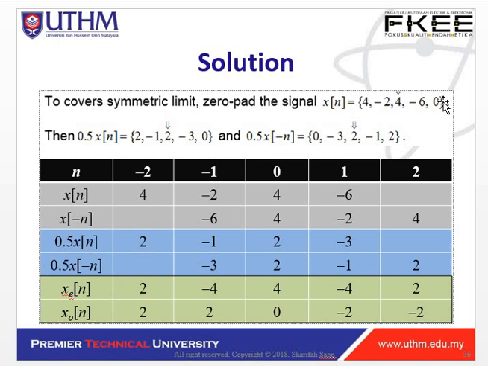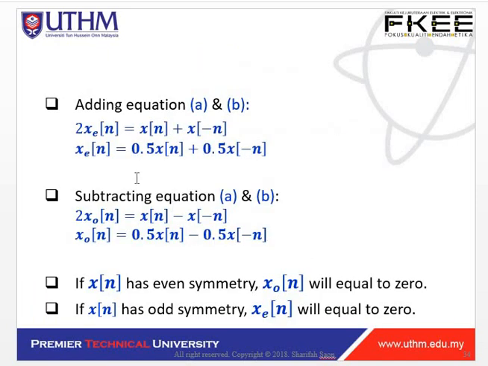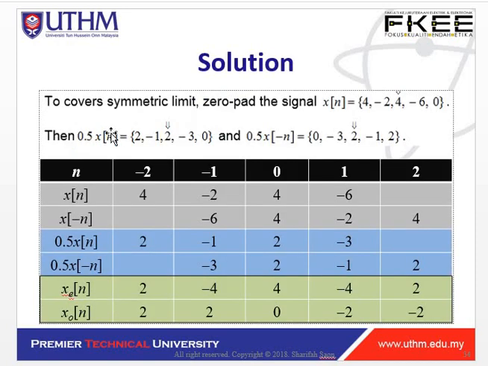Review back, x even is 0.5 x[n] plus 0.5 x[negative n]. This means you need to find the value of 0.5 x[n] and the value of 0.5 x[negative n]. Based on x[n], which is 4, negative 2, 4, negative 6, half of these values is 2, negative 1, 2, negative 3, and 0.